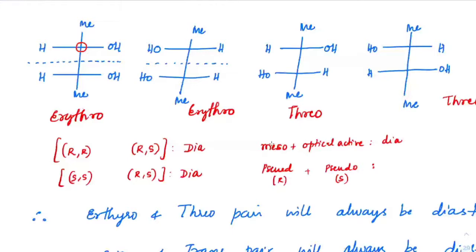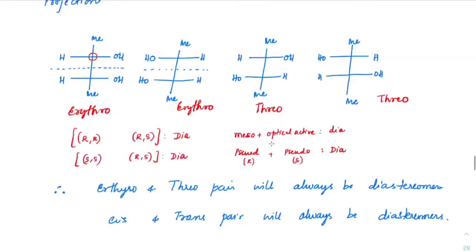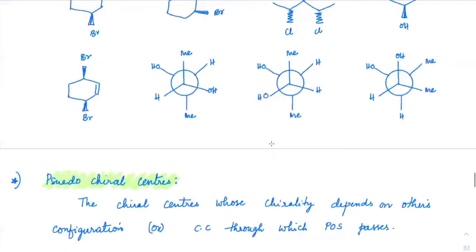So these are all the combinations which will give diastereomers. Clear, everybody? Okay. Sir, what are pseudo forms? Next one, I think I've put pseudo only. Yeah, here I have put it. I'll discuss it there.